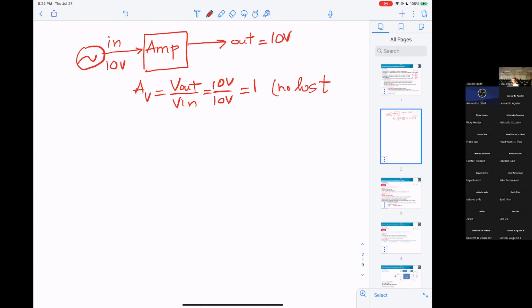Now, if I want to calculate in dB, we use the formula AV in dB, the formula we just gave you: 20 times log of what?